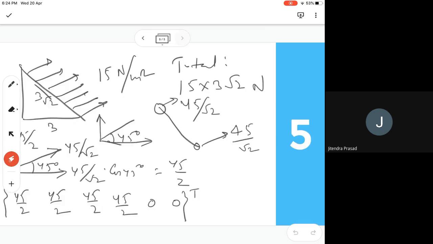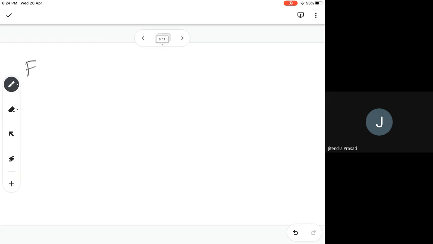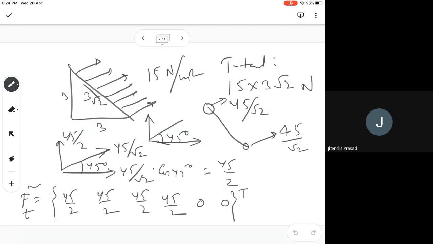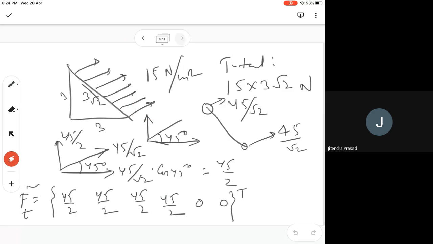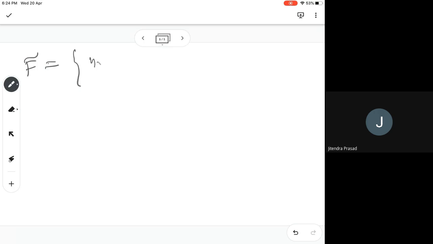So finally F is equal to, in this direction, we start with 45 over 2, then 45 over 2 plus R, let's write Ry1.